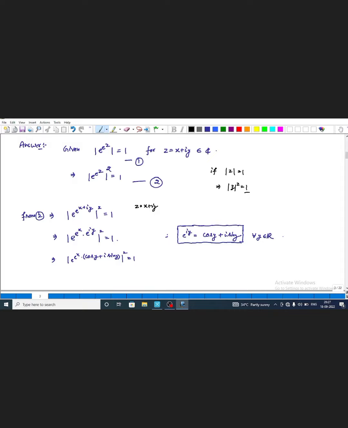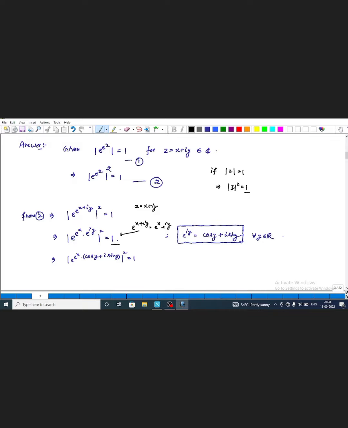Further, this implies the square of modulus of e power x into e power iota y, since e power x plus iota y can be written as e power x into e power iota y.